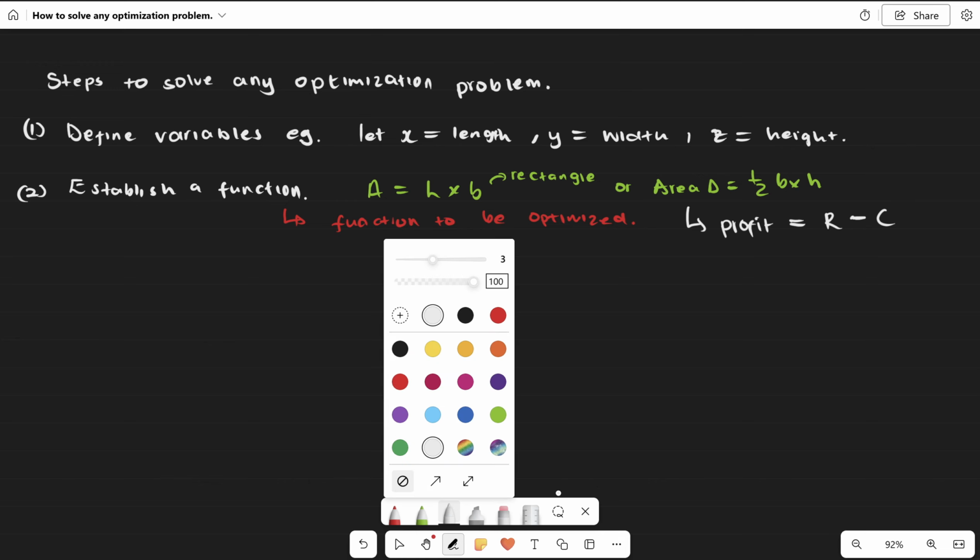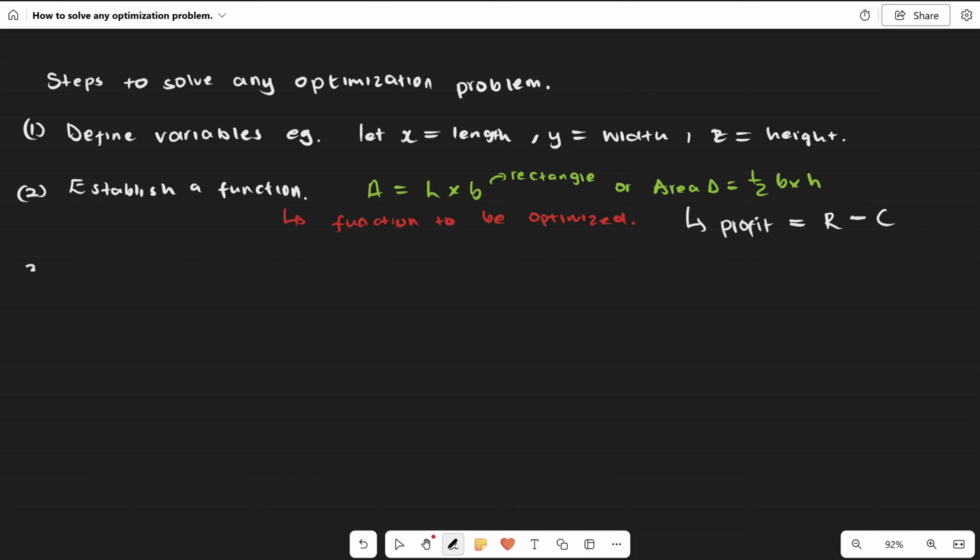So our number 3 will be the formula for constraint, right? What do I mean by formula for constraint? When we have an optimization problem, let's say we try to maximize profit.